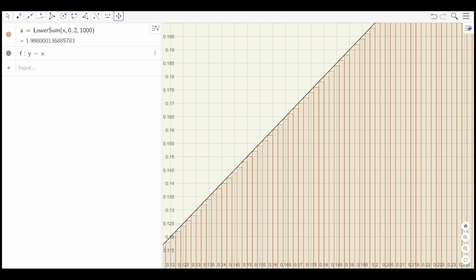The second. So if I want to write the formula here for you, the formula is written in this form.